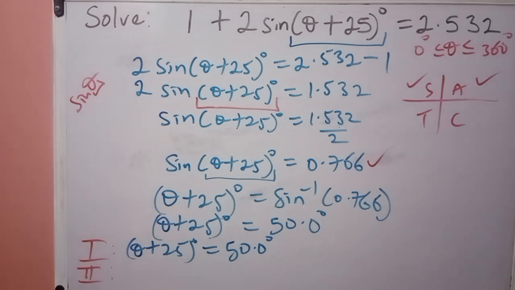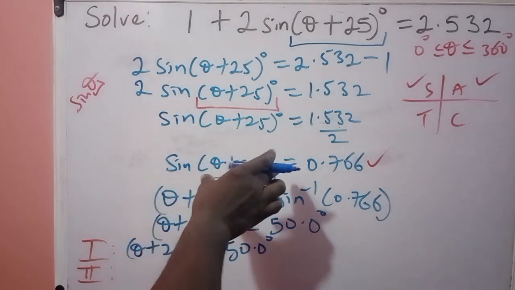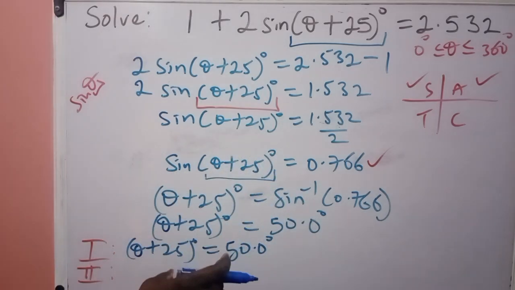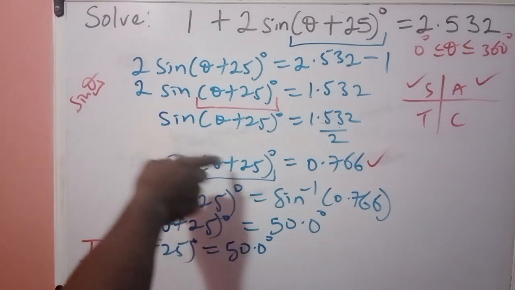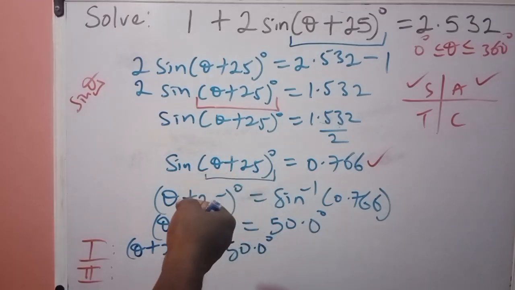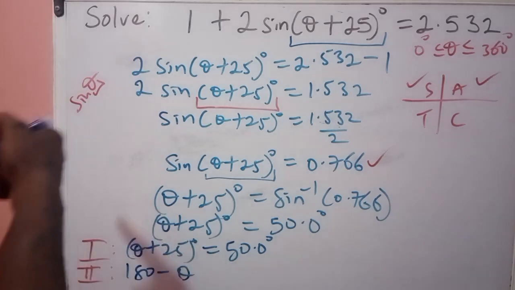And for your second quadrant, of course, don't forget the way you used to see theta here as the angle associated with sine, you'll be seeing theta plus 25 as the angle associated with sine here. So in this case now, the general rule stated that in second quadrant, you're supposed to have 180 minus theta, and this theta here was representing whatever angle was associated with sine.